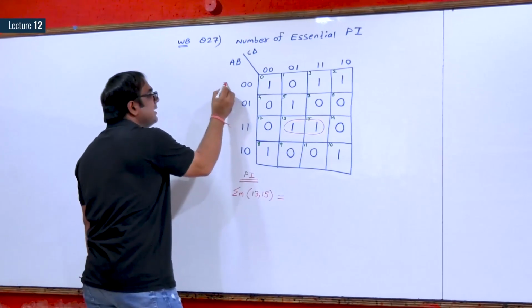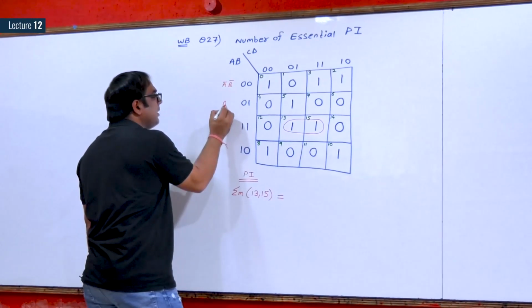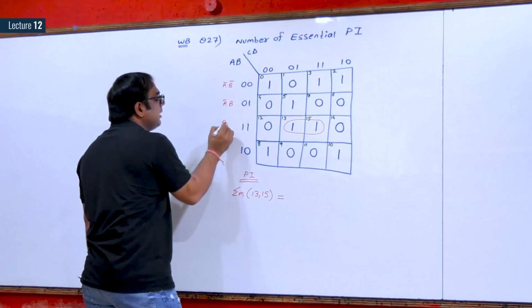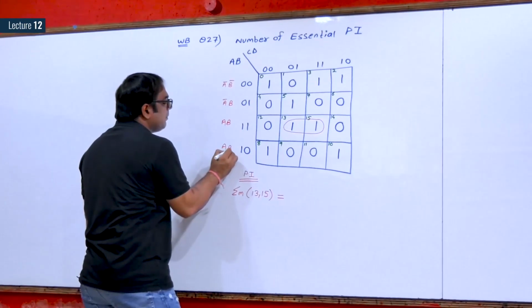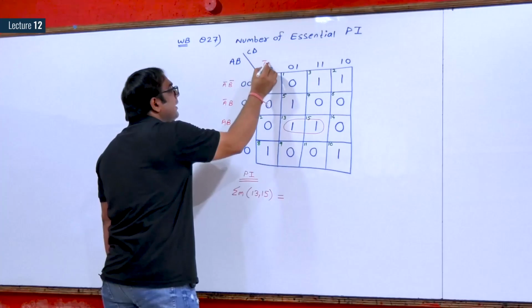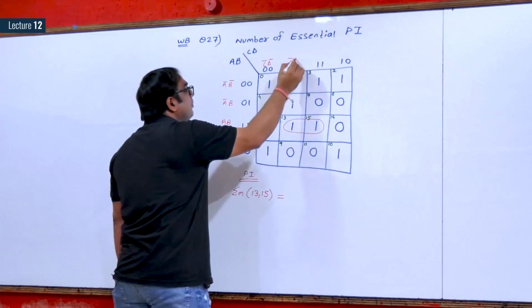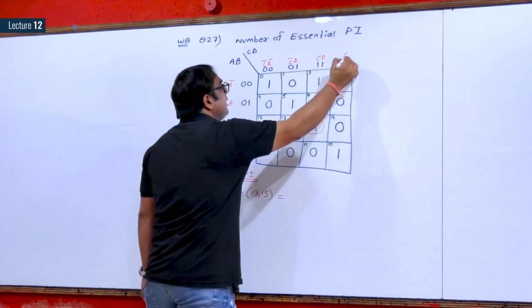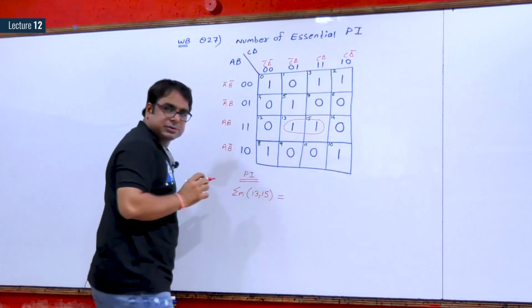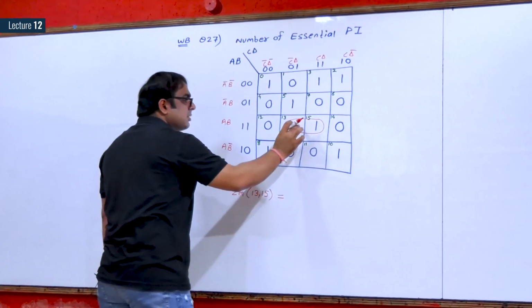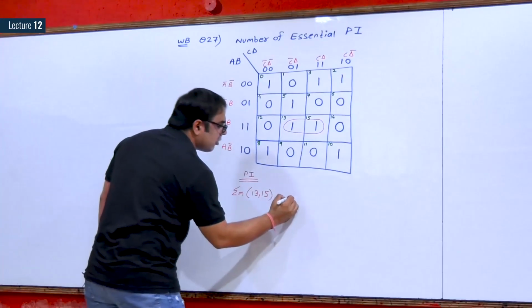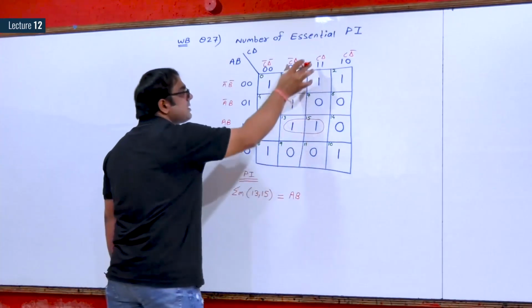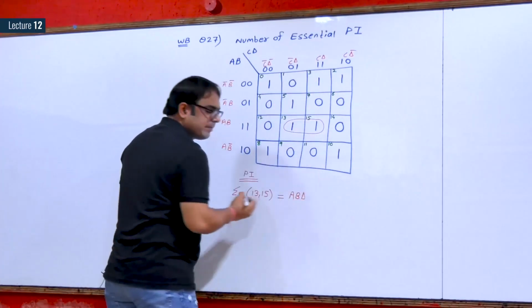For this, let me write A complement B complement, A complement B, AB complement, C complement D complement, C complement D, C D complement. Now for 13, 15, AB is common, and from this side D is common.